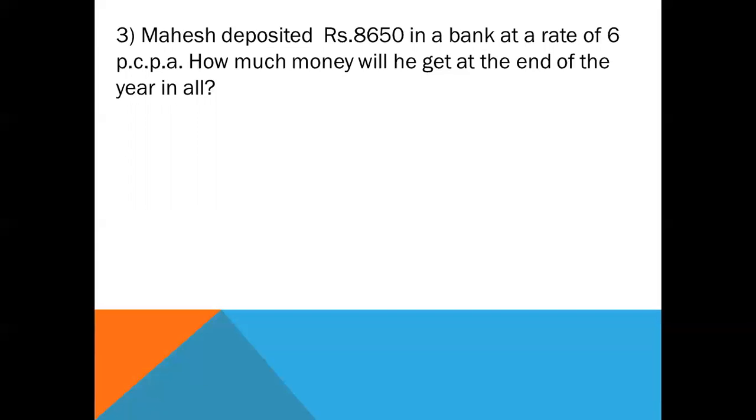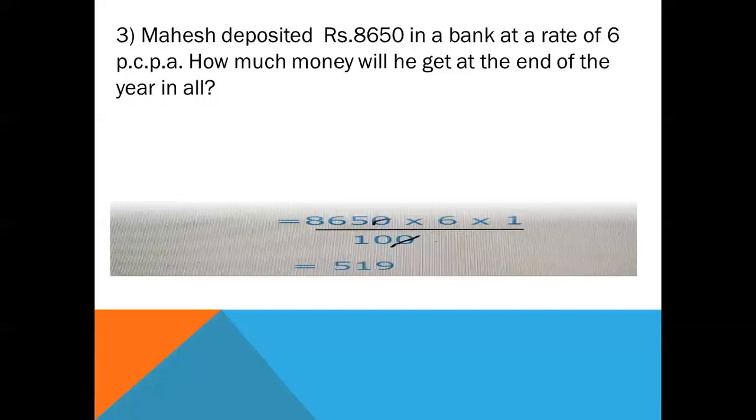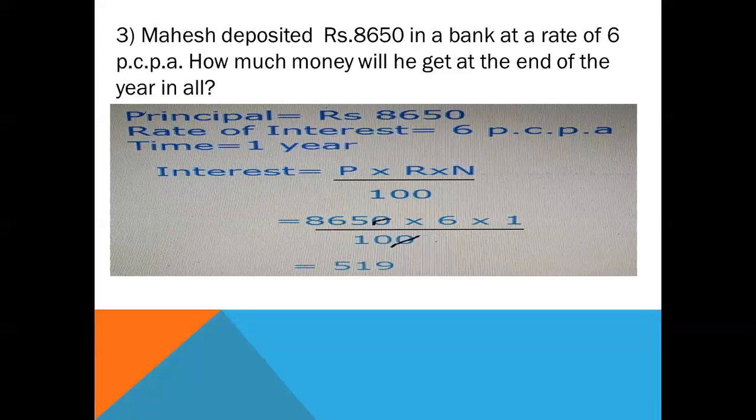For that, whenever the question asks you for the interest or for the amount, you have to always calculate the interest first. So here again, first we'll write the principal, which is rupees 8,650. Rate of interest is 6% per annum. Time is 1 year. So again, we'll put in the formula of interest.